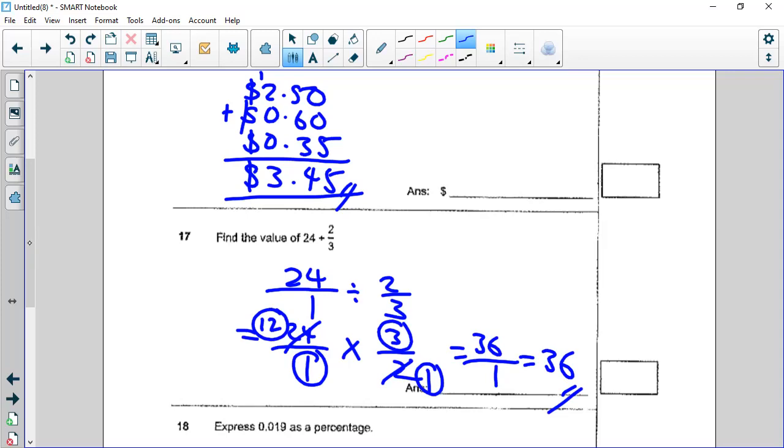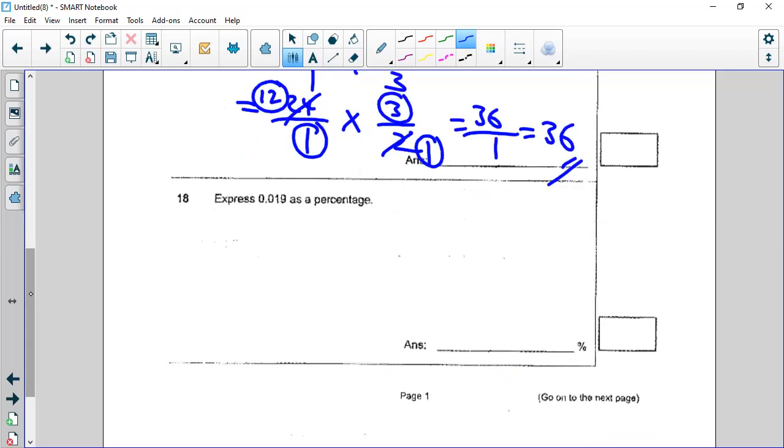Question 18. What's the percentage? Some of you are a bit confused on this. Always change the decimal to fraction. Always get your fraction first before you get your percentage. Fraction is the best friend of percentage. So 19 out of 1,000. Then make the denominator 100. So you just divide by 10 to get 100. So you have 19 divided by 10.